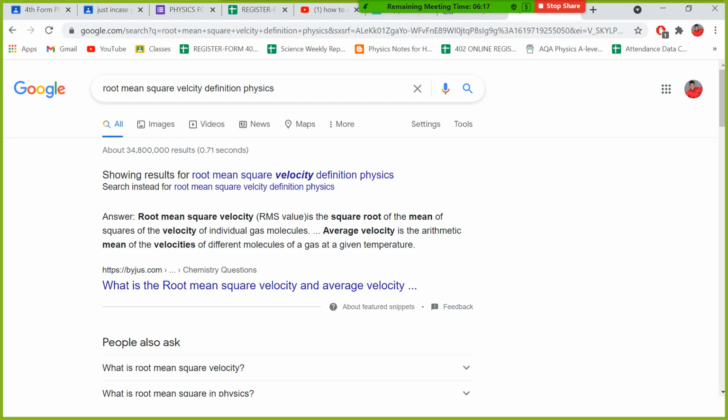I think the root mean square velocity, right? Kind of helps us in finding what is the individual speed of the particles. You see what I mean? I think that's the essence of it, right?